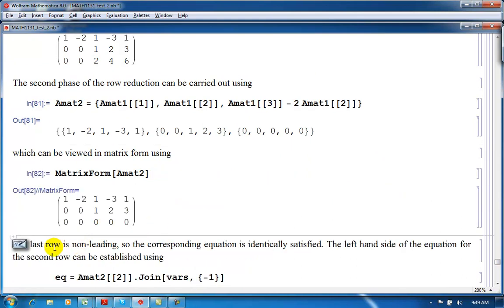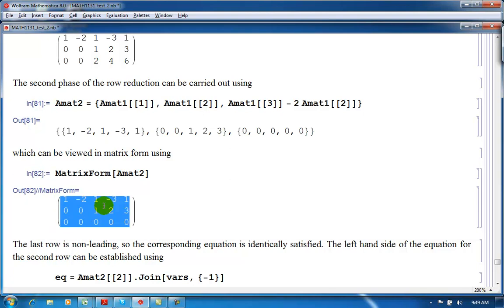Well, what do we got here? We can see that the last row is non-leading, so the corresponding linear equation will be identically satisfied. So we don't have to worry about that.